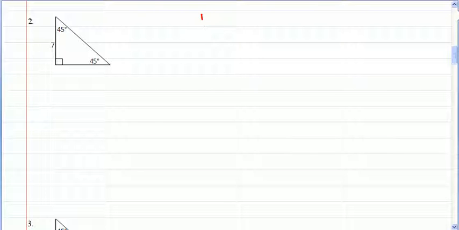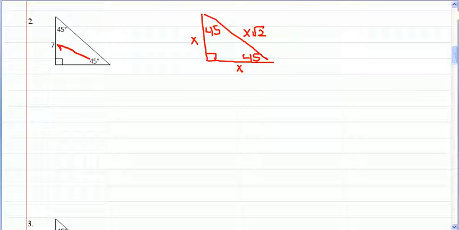So for number 2, we have another 45-45-90 triangle. So I draw the reference triangle again, and I label the legs as x, the hypotenuse as x root 2, and I look at what's given, this side, which is across from 45 degrees, which corresponds to this side, and that's labeled as x.